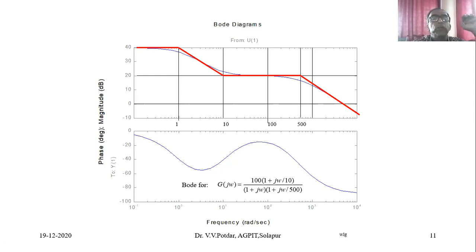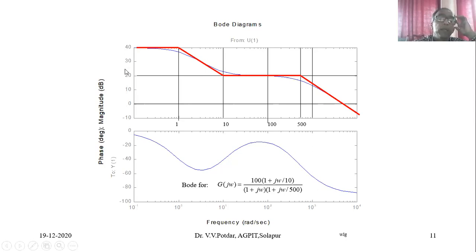Now suppose the phase crossover frequency is somewhere here. If I extend this line to my magnitude plot, wherever it intercepts the magnitude plot, that magnitude from 0 is called the gain margin. So at phase crossover frequency, I get the gain margin.